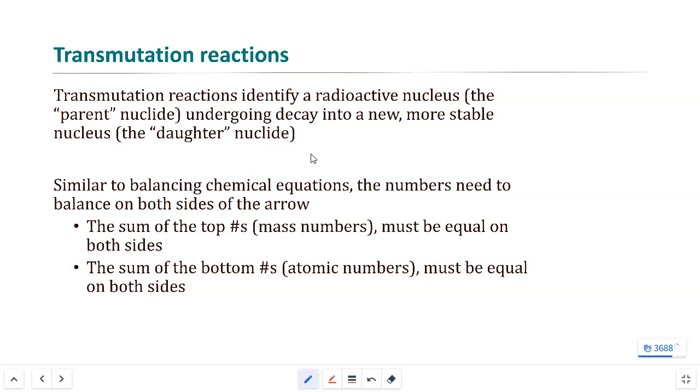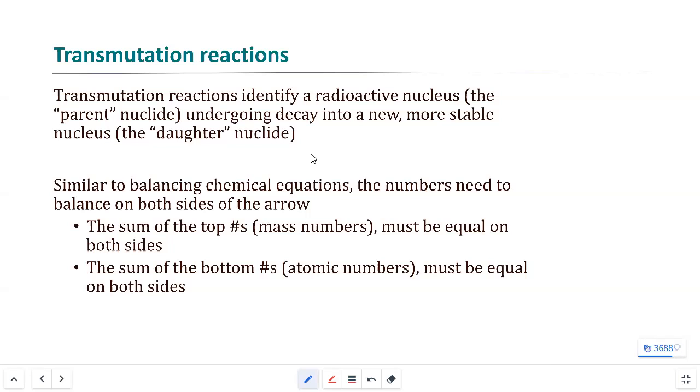Now, unlike chemical reactions, which we are very focused on how many atoms of carbon do I have? How many atoms of hydrogen do I have? How many atoms of oxygen do I have? In nuclear reactions, we're not going to be worried about conserving mass or conserving atoms.